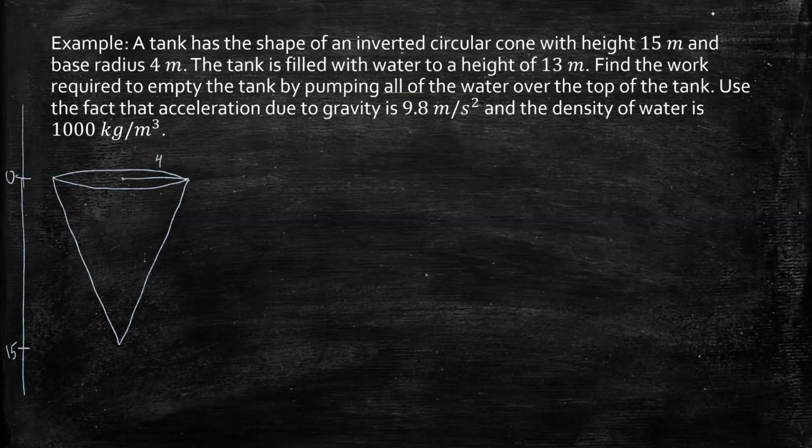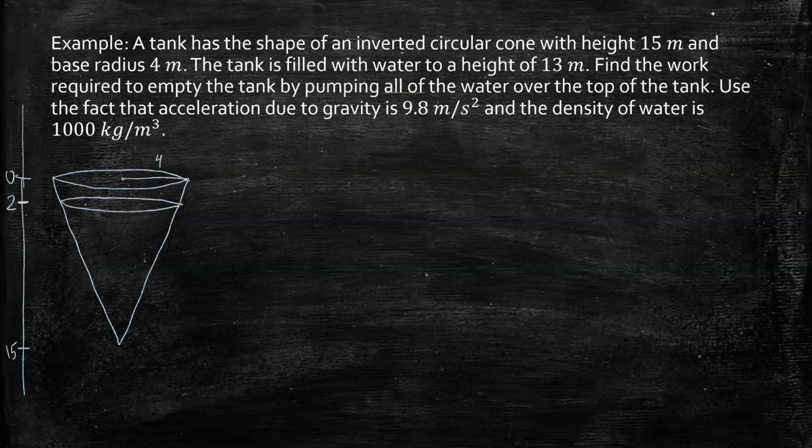The tank is filled with water to a height of 13 meters, so 13 meters means the starting level will be at 2. So we're going to be integrating from 2 to 15. And find the work required to empty the tank by pumping all of the water over the top of the tank. Use the fact, density of water is, everything is given.